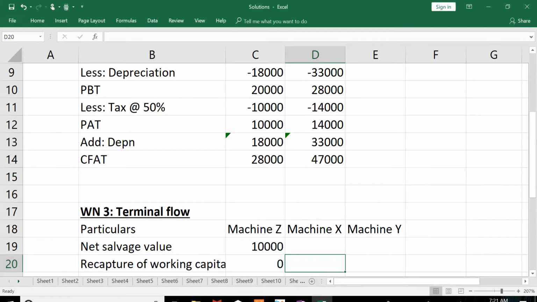Now, any doubts? 47,000 you have got? Anybody has a doubt on 47,000?